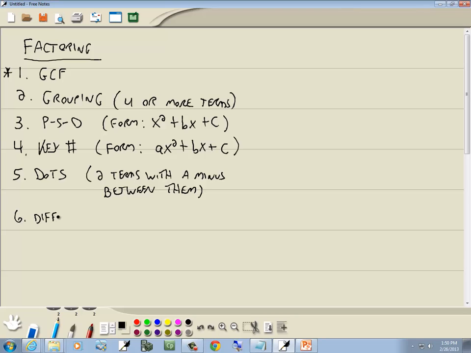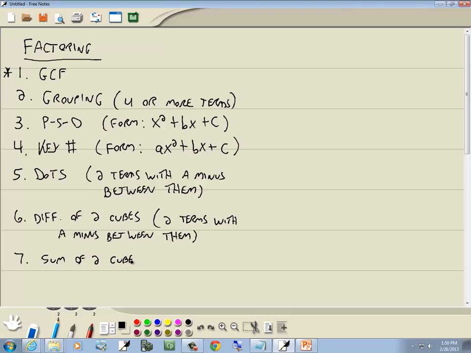Our sixth one is the difference of 2 cubes, which is 2 terms with a minus between them. And our seventh one is the sum of 2 cubes. And this is where you have 2 terms with a plus between them.